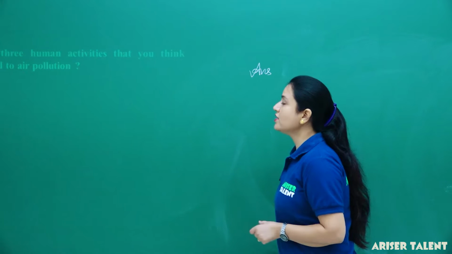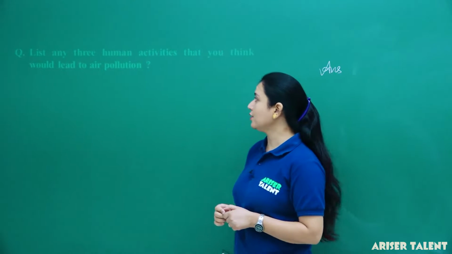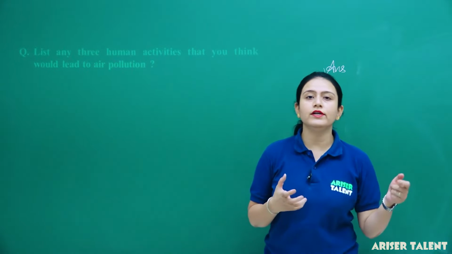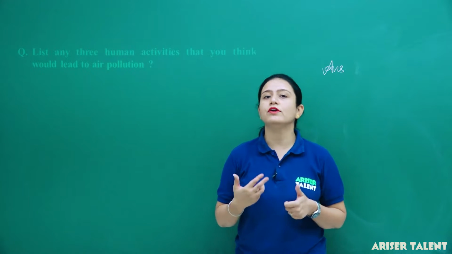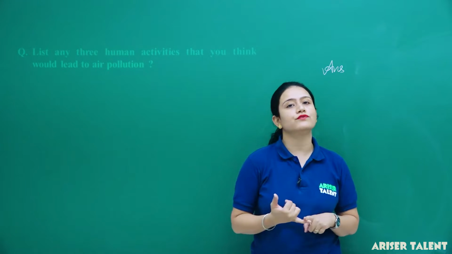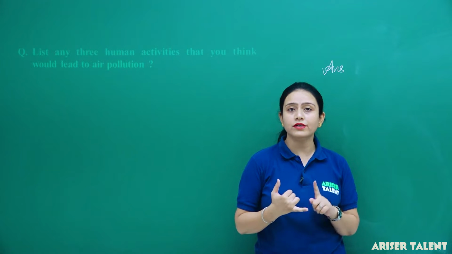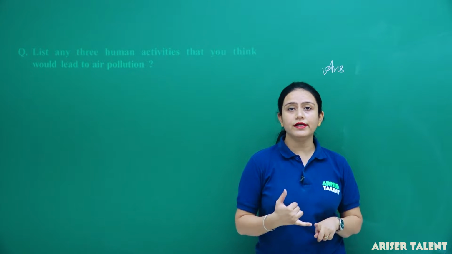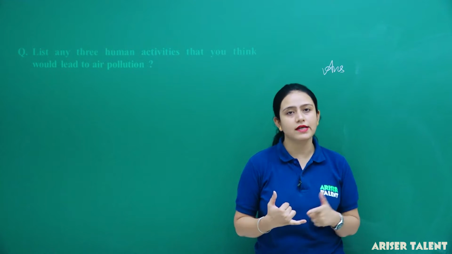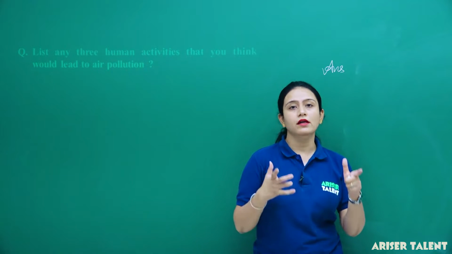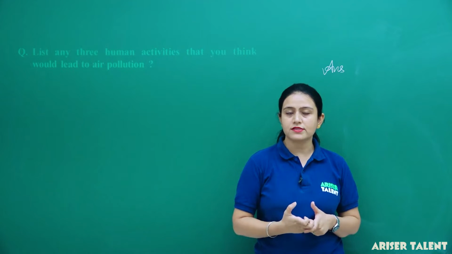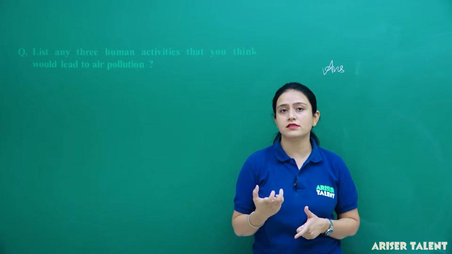Next is: list any 3 human activities that you think would lead to air pollution. As we all know, different human activities are responsible for air pollution. What are they? First of all, deforestation. If you cut down the trees in large numbers, definitely it will increase air pollution, because plants absorb carbon dioxide, a harmful gas in the atmosphere.